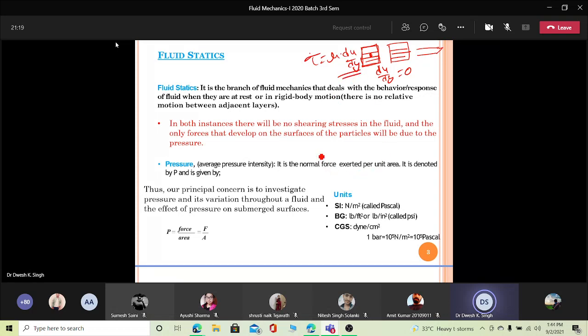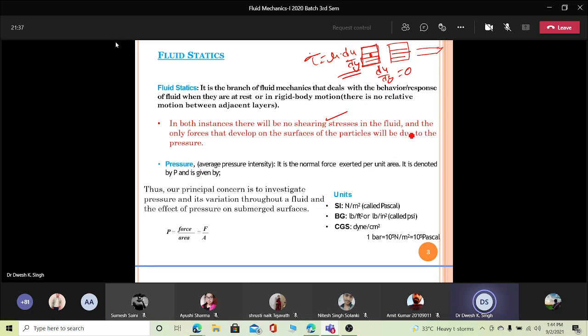So if there is no motion, then shear stress will not act. This is a very important point. Sometimes it is asked what the shear stress is in the case of statics. Your answer should simply be that it is zero because there is no relative motion.